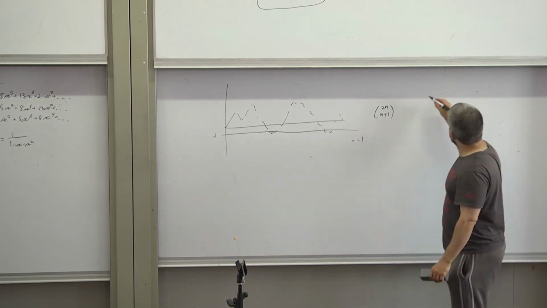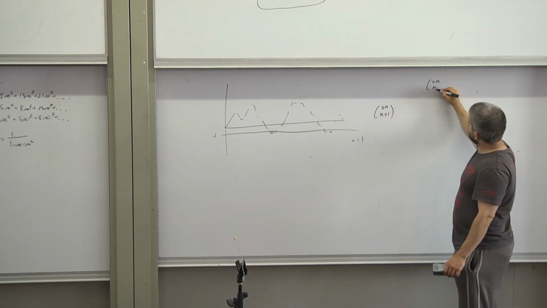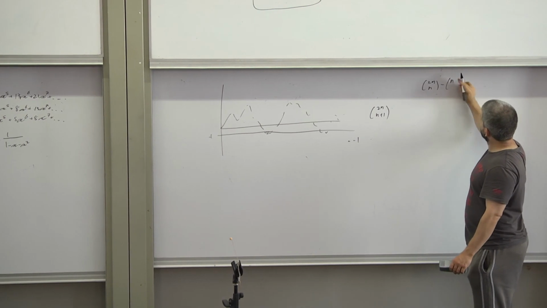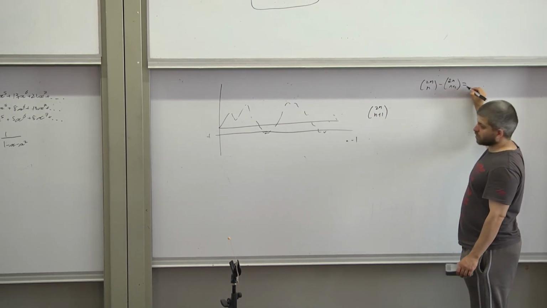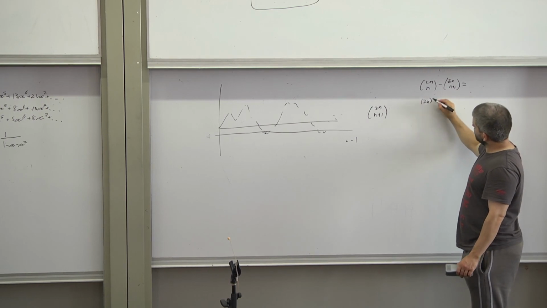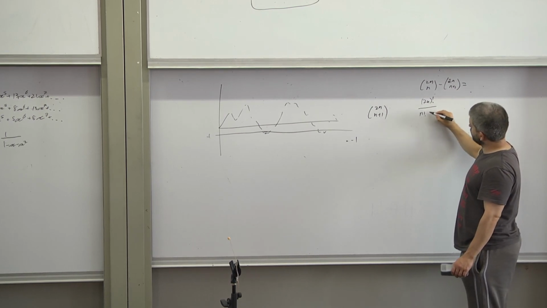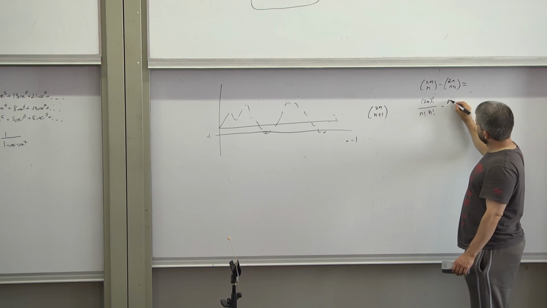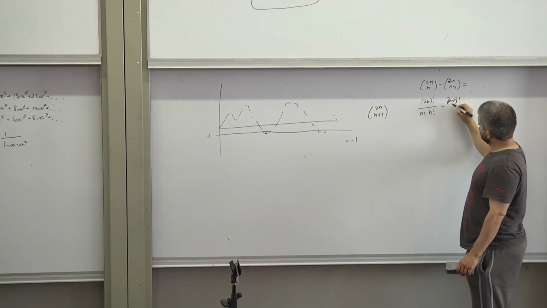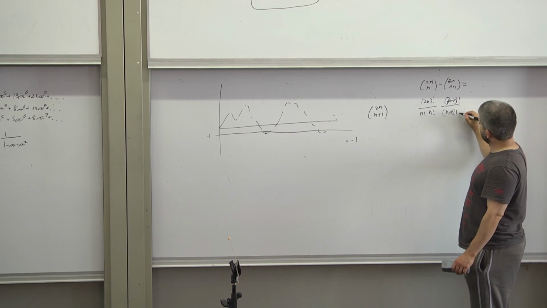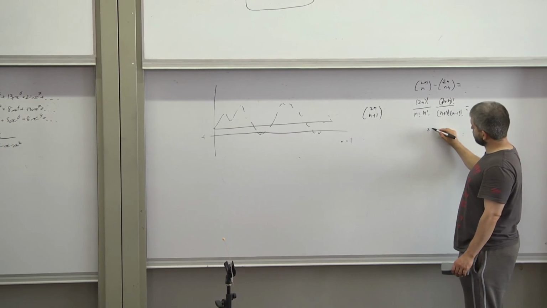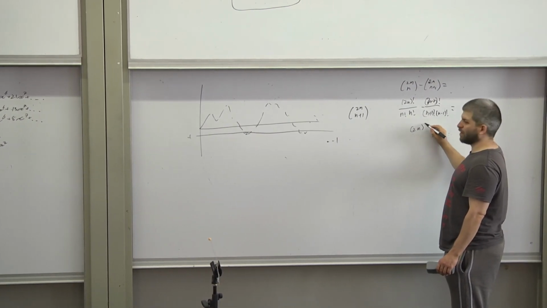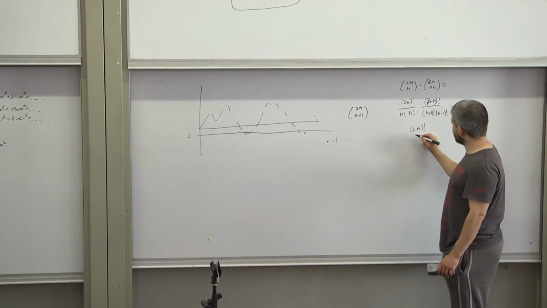Okay? Turns out that 2n choose n minus 2n choose n plus 1, I'm sure you guys can all do this, is 2n factorial over n factorial n factorial minus 2n factorial over (n+1) factorial (n-1) factorial. Well, we have to put them all over the same thing.